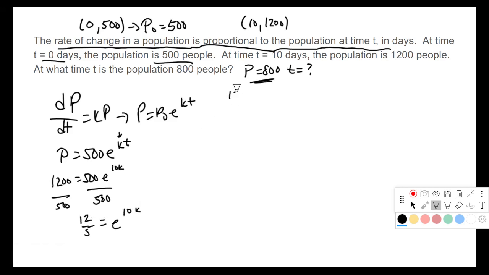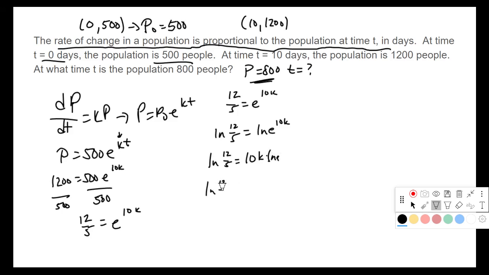Now let me come up here. 12 over 5 equals e to the 10k. I'm going to take the natural log on both sides because I need to get the power down. I can't solve for this with the variable up here. So that would give me the natural log of 12 over 5 equals 10k ln e. But ln e is 1.